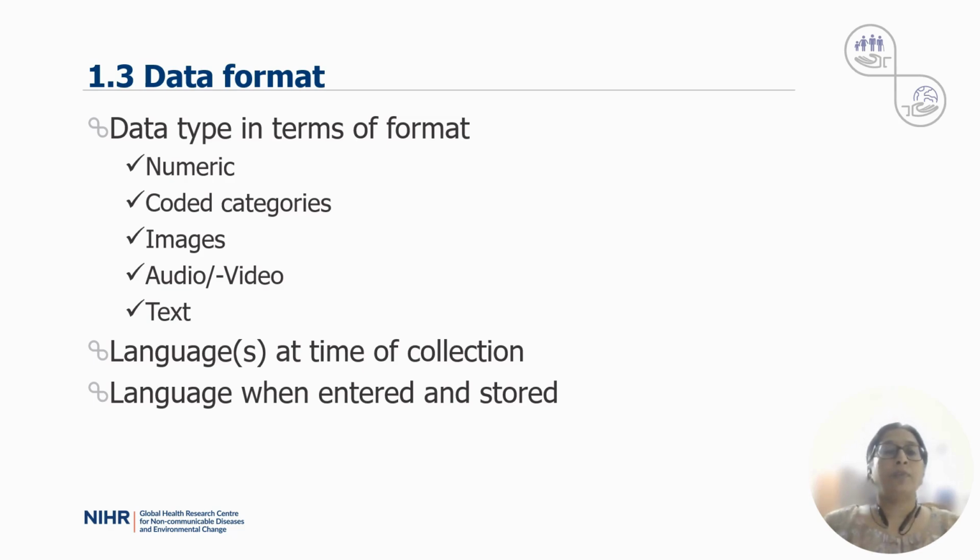Whereas if you want to know particular characteristics of an individual, for example, severity of disease or literacy level, or you want to know about religion, then these are coded categories. Information can also be collected as text. It could be short text or long text. Short texts are typically seen in open-ended questions. And sometimes you might be interested in collecting a narrative, and then you end up having a long text.